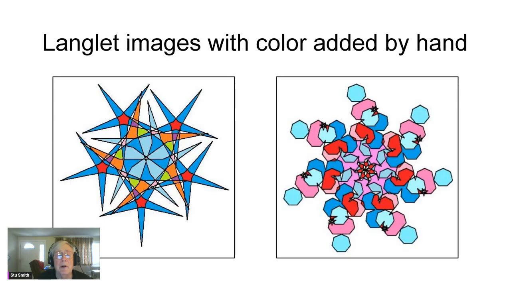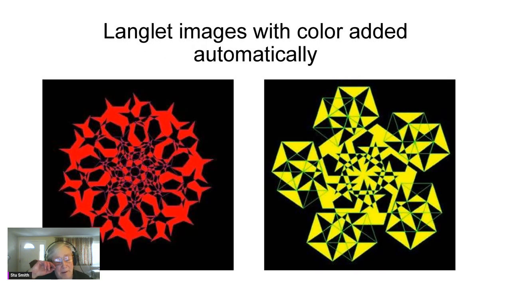These images were colored by hand, but if you use the right language, you can have the coloring done automatically, at least to the extent of a line, background, and fill color, 3 colors.